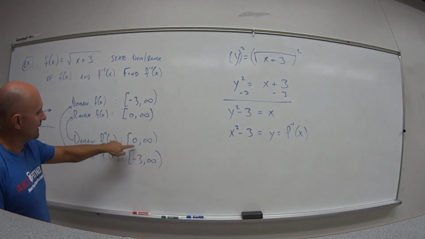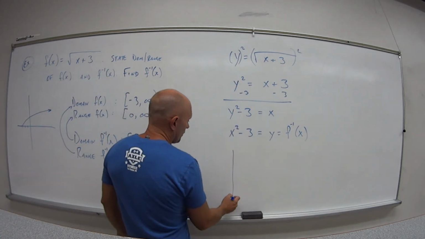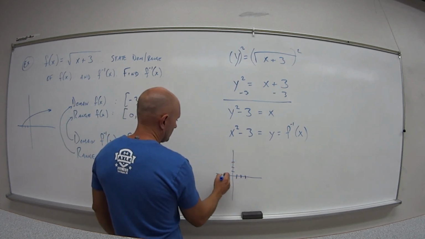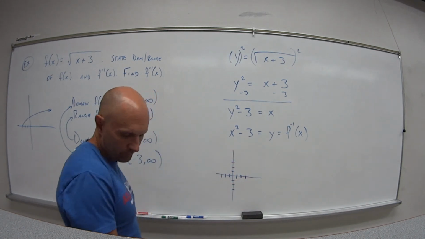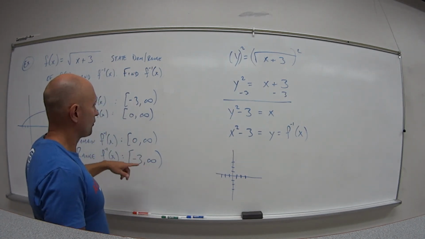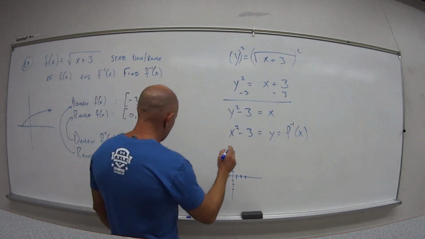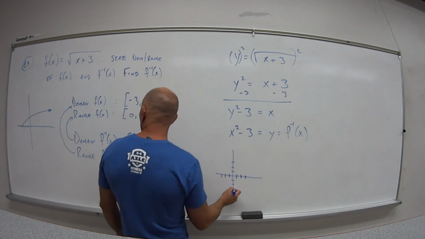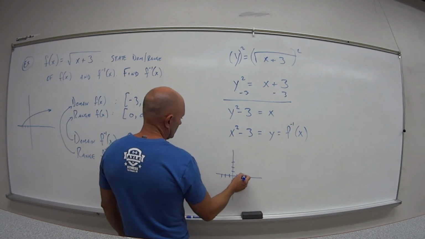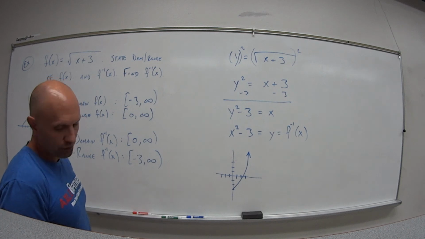But because our domain is only going from 0 to infinity, if we were to draw this function with the domain 0 to infinity and the range -3 to infinity, it's going to look something like that, starting at -3 and shooting upward.